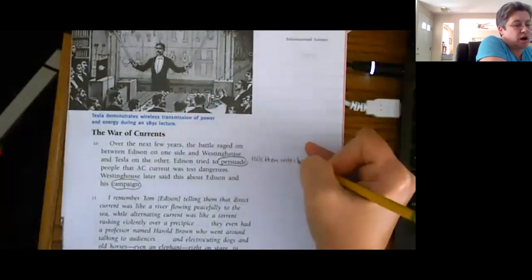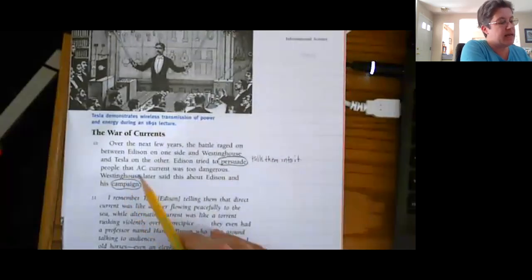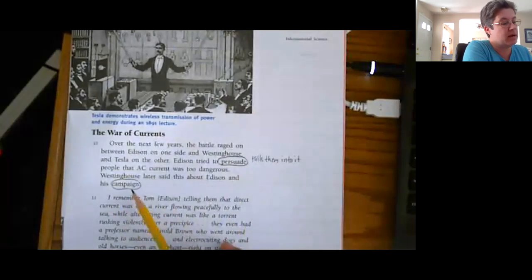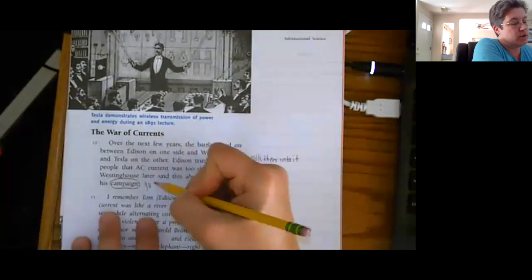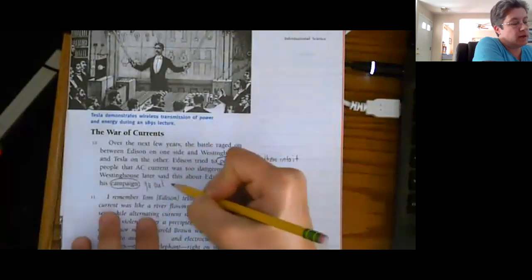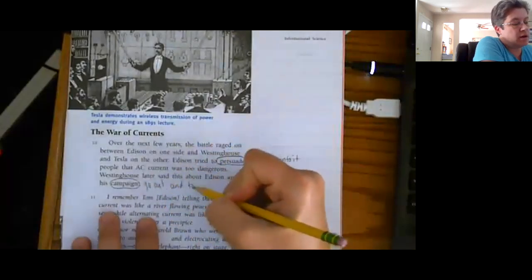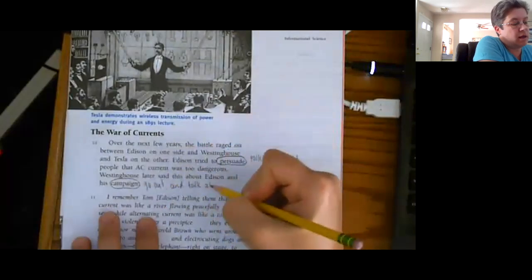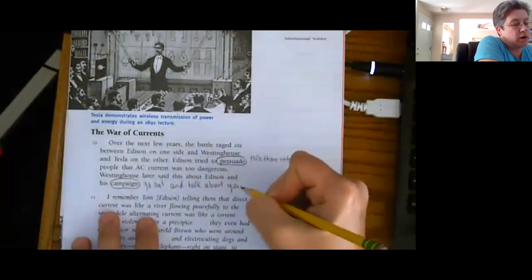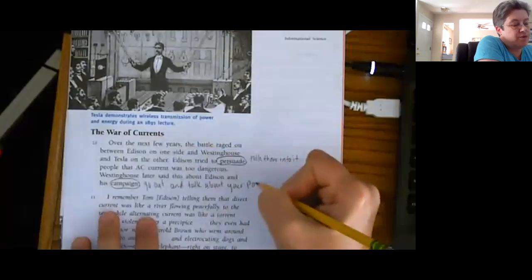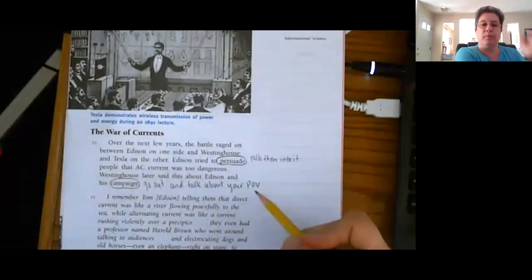He wanted to talk them into thinking that AC current was too dangerous. Westinghouse later said this about Edison and his campaign. A campaign is when you go out and talk about your POV, or your point of view.